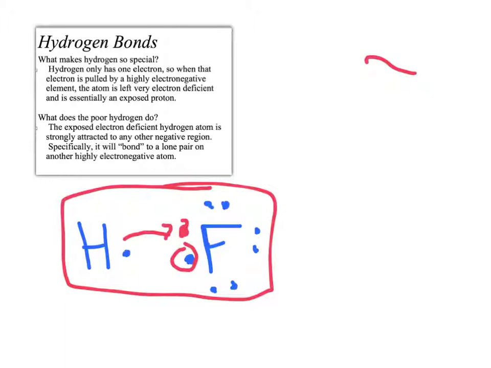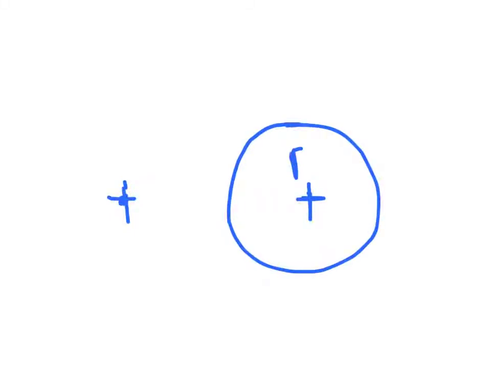So let's look at this a little bit more with fluorine and hydrogen. Here's my hydrogen atom. Let's try this instead. There's my hydrogen nucleus, that one proton. And here's my nucleus of the fluorine. And here's fluorine. And it's sharing that one electron with hydrogen.